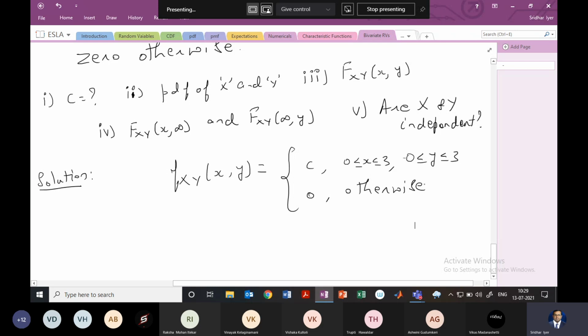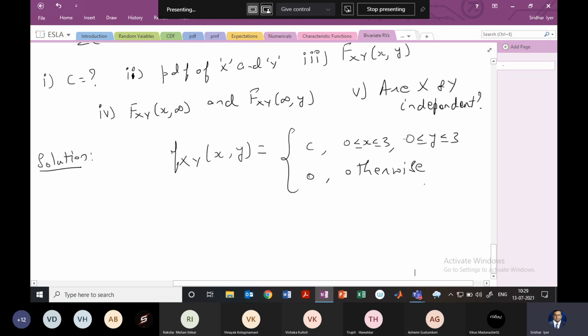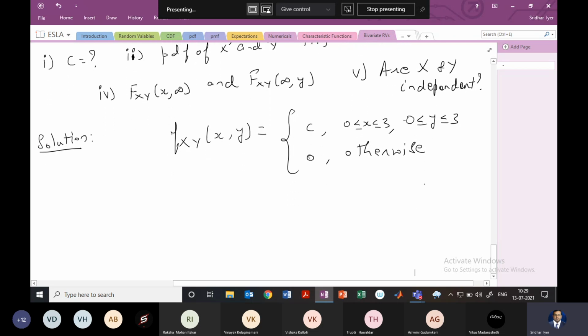So I don't know, but this gives me a lot of clarity in what exactly I'm trying to find here. The first question is I need to find the value of c, and I know that the integral from minus to plus infinity of fxy of x comma y dx dy is equal to 1.